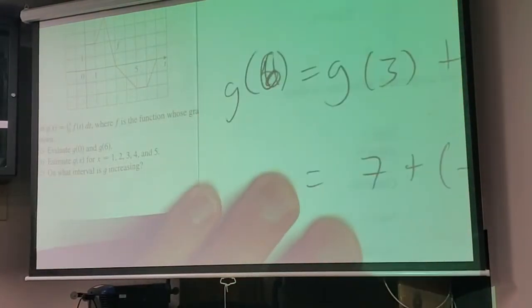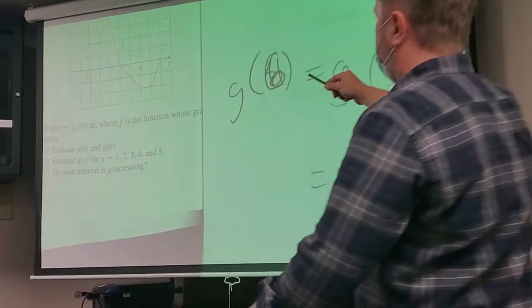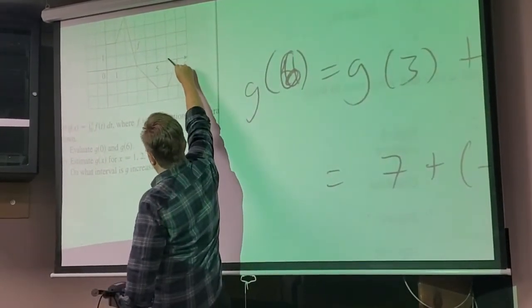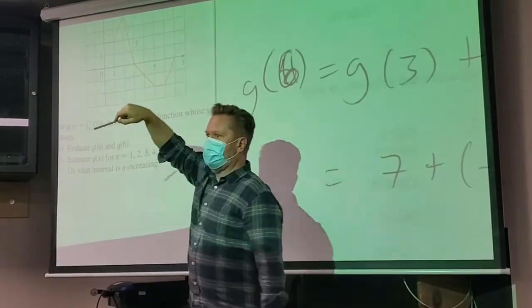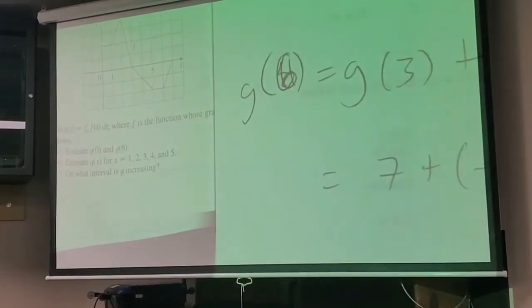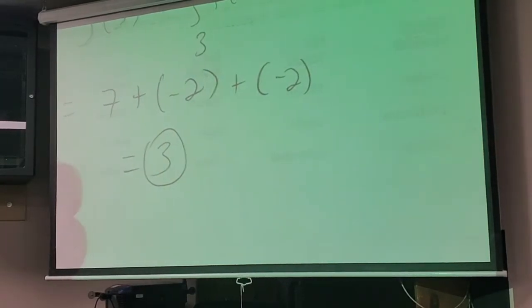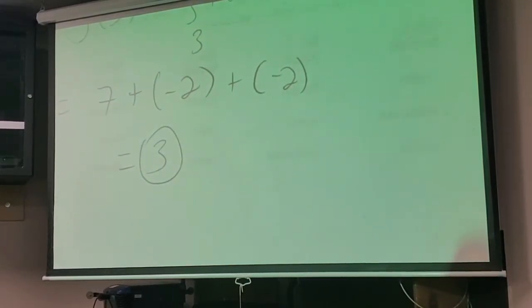And now from 5 to 6 is a rectangle, yes? 1 by 2. There's another negative 2, right? So where do I end up at then? 3. Okay. I like it.